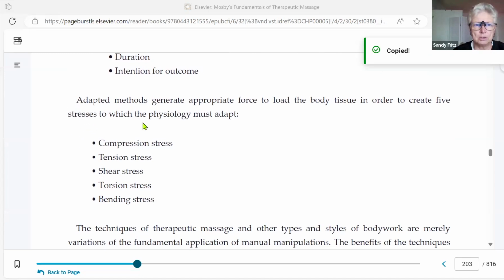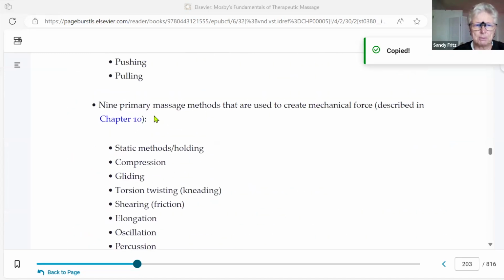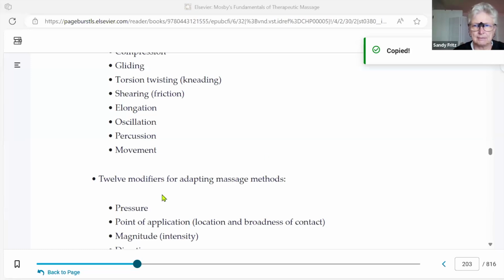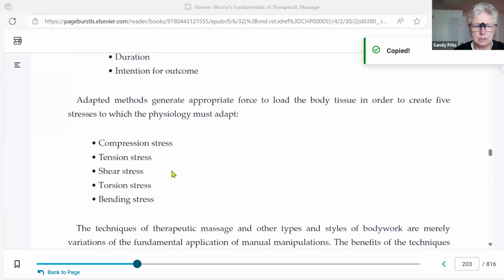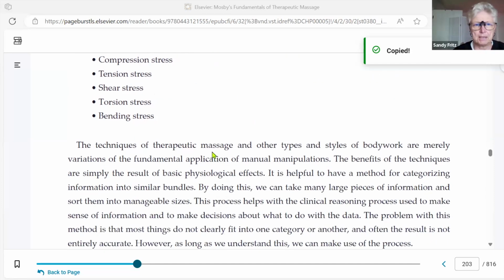When we push or pull using these methods and modify it, we have loaded the tissue, which creates a stress in the tissue. And then that is what finally triggers the mechanotransduction or the neurotransduction or a combination of both to generate an adaptation response.